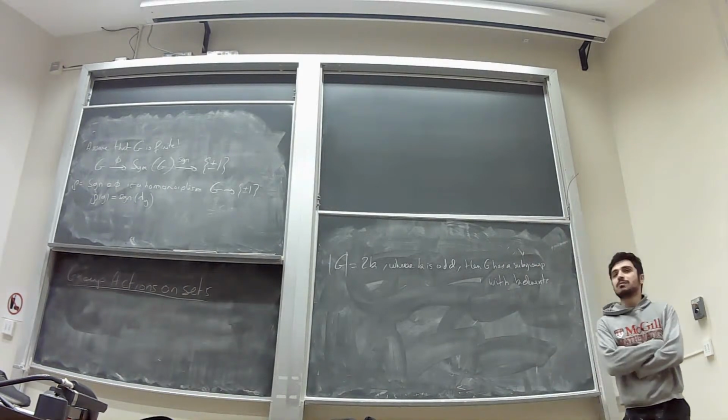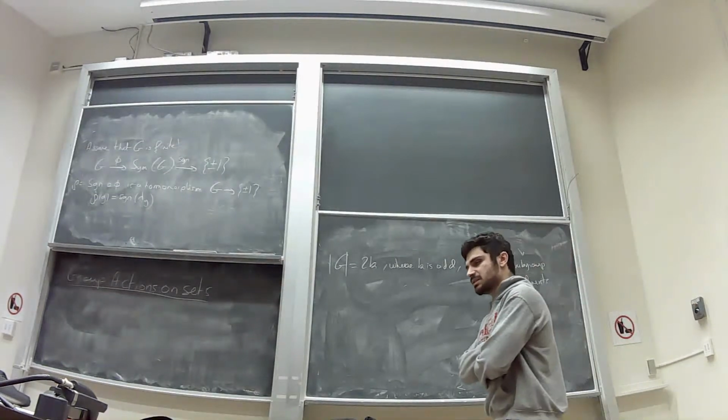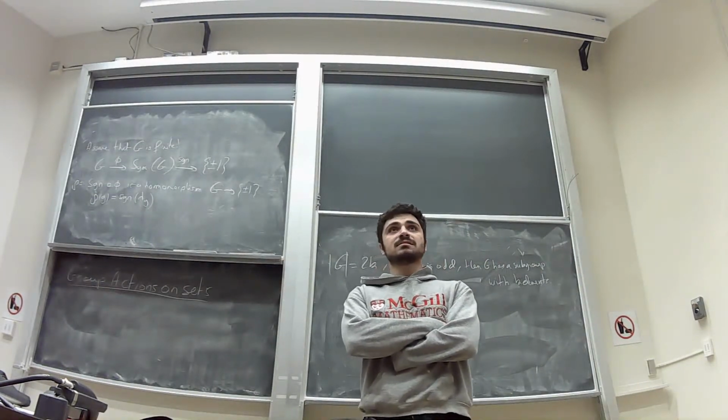Great. Then, we said that an equivalence class has the same size as G modulo Cx.